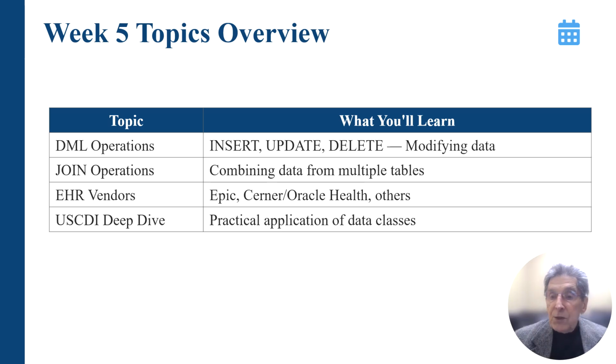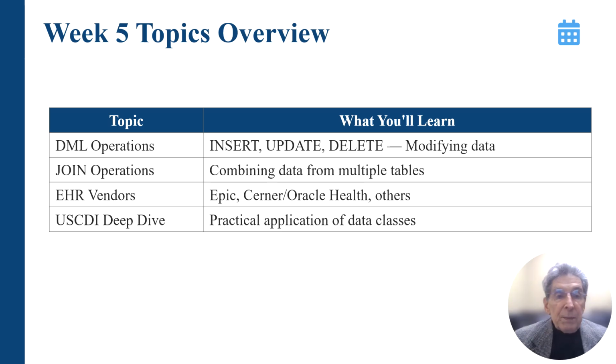We're going to also talk about the join operations, which join multiple tables through foreign keys to be sure that we are able to extract data from various sources that relate to a given resource.